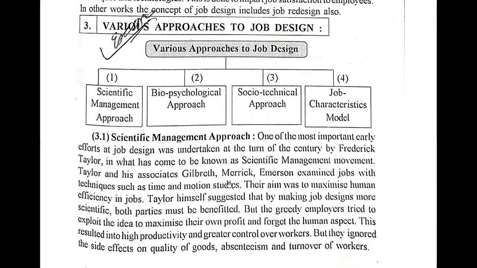So, guys, in the scientific approach, Frederick Taylor gave the focus to time study and motion study. Taylor suggested that each and every organization should adopt the scientific management approach to job design, because when the job is designed scientifically, an employee will not get tired easily.